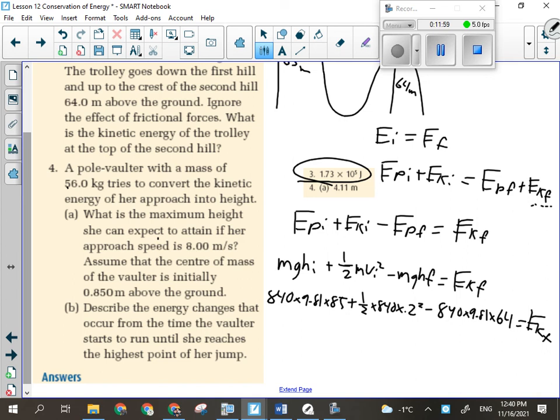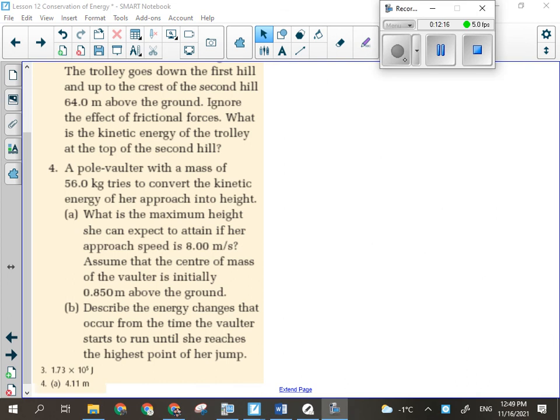Okay, the first part is a calculation thing, but B is talking about you have to describe the changes in energy that occur as a result of pole vault. I don't know, have you guys watched pole vault before? You know what pole vault looks like? Okay, so here's what we know.